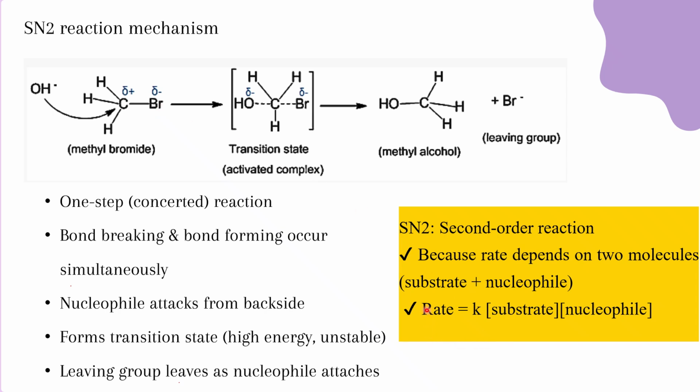Hence, if we write the formula for the rate of reaction, this is what we get, the equation for the rate of reaction, and we can clearly see that rate is clearly dependent upon the nature of the substrate as well as on the nature of the nucleophile. So we can say that the order of this reaction is second order, and hence this reaction is called as what? Bimolecular reaction.